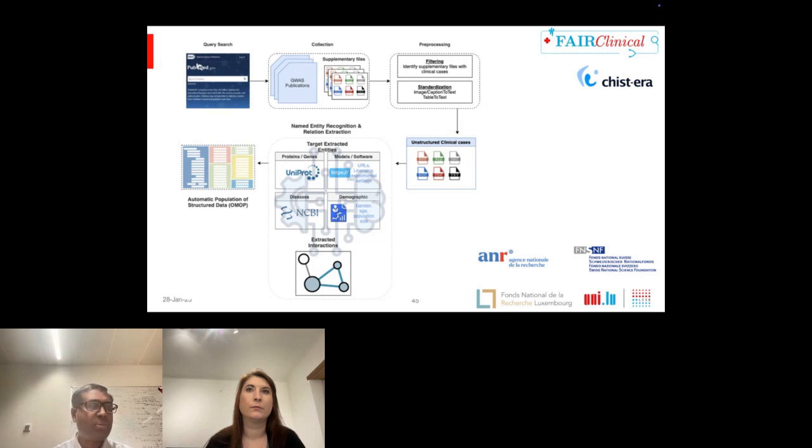Then this information goes into what we call the structured data, which is OMOP. OMOP is a well-used standard in Europe to store clinical data in the OMOP common data model. Okay, so this is some of the activity happening in this project, and the goal is to take this into the hospitals.